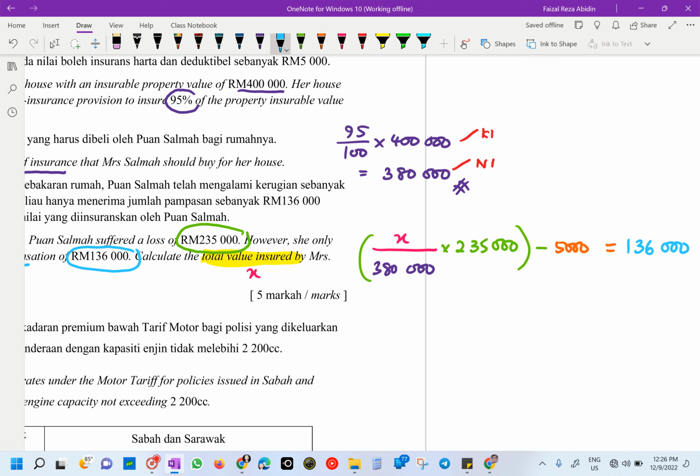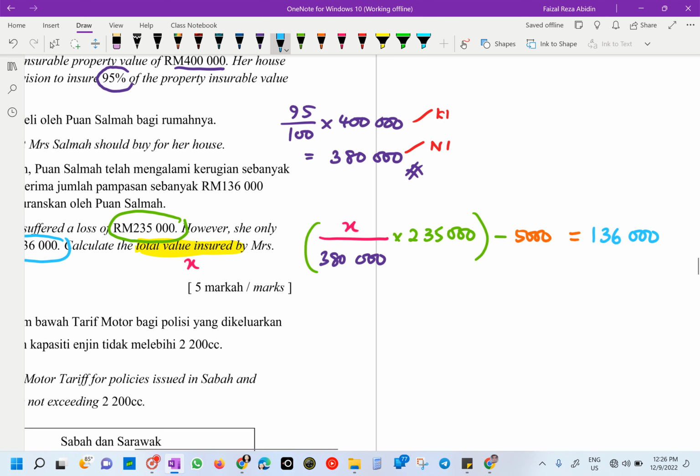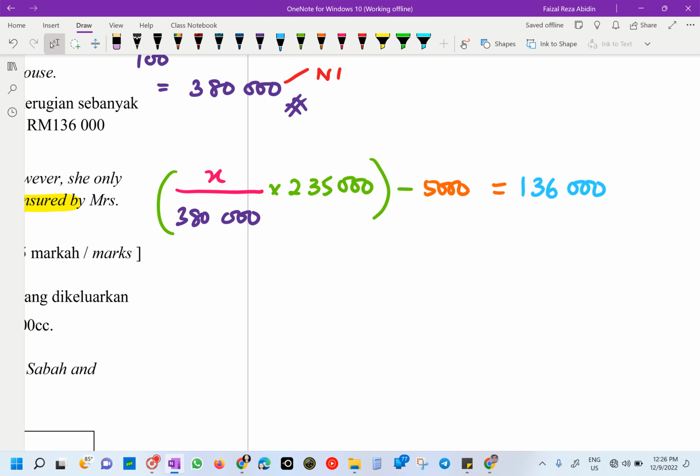So, you can get your X over here by bringing everything to the right side. Bring it. First, I'm going to bring our 5,000 here, minus, to the right side. You are going to plus. After that, we are going to bring the times to the right side. Divide becomes times. So, we are going to have our X here.